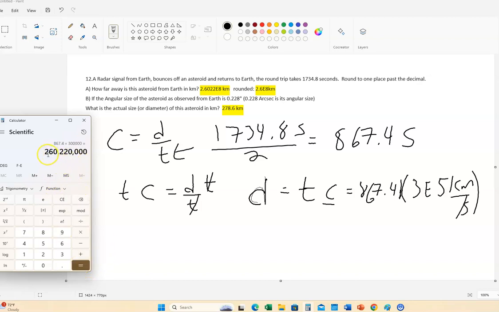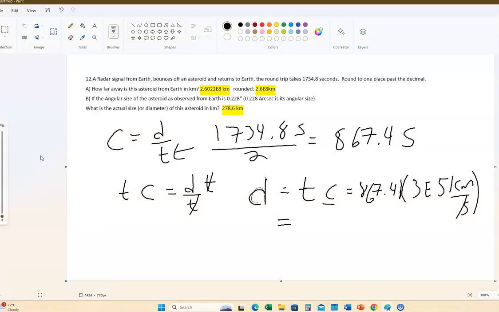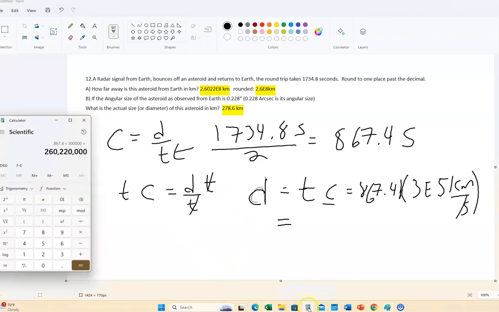The first 2 digits are the only things that are going to be significant to us. So we're going to turn this into scientific notation here. The decimal point is implied back here. So this is 260 million 220,000 kilometers.